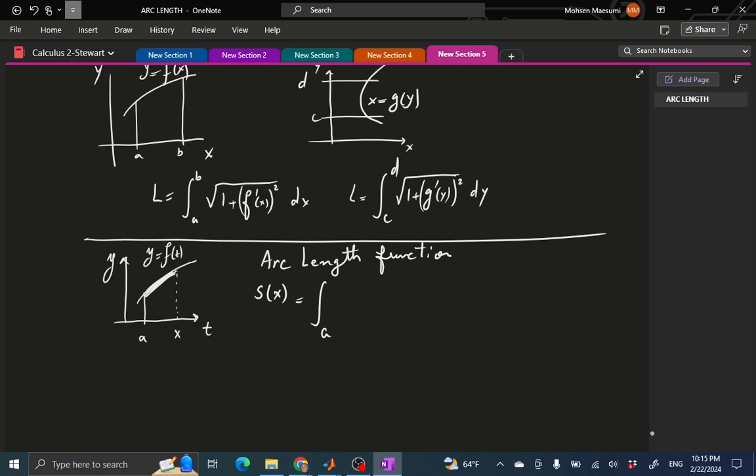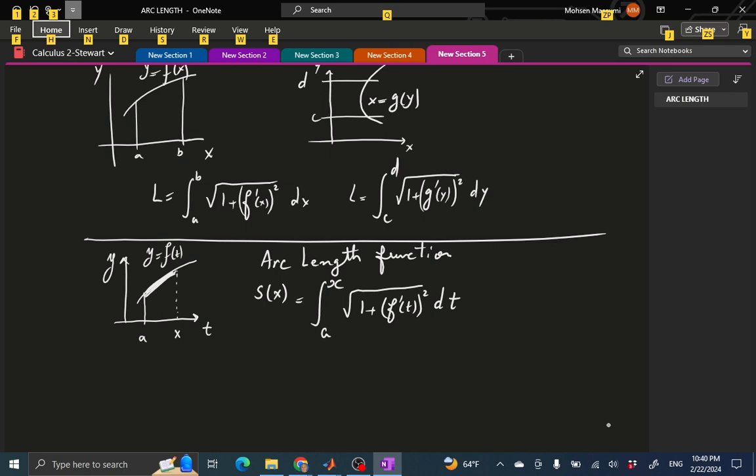So from a to x, and then you do the same integration as before, f prime of, let's call it t, so the letters don't run into each other, and then you find that the integral's ending point is x, and that becomes an arc length function.